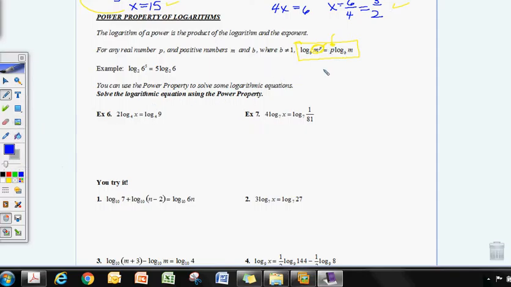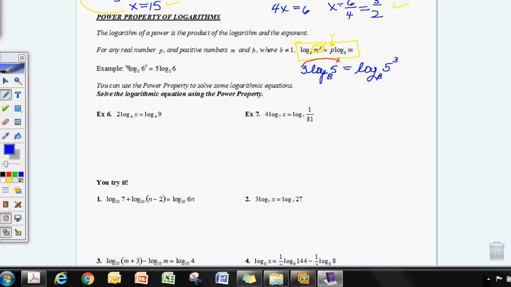Or vice versa, if there is a number out in front of a log, like 3 times log base b of 5, I can move that 3 to get that log by itself. And when I move that 3 up, it becomes log base b of 5 raised to the 3rd power.